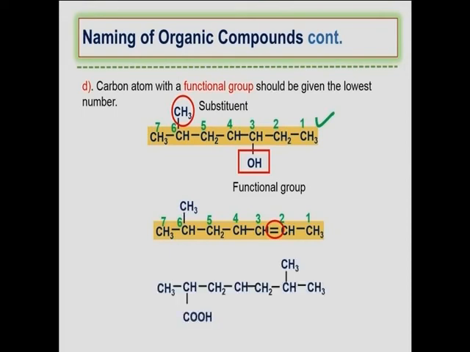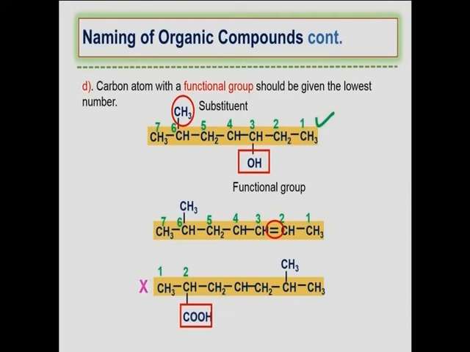Let's look at one more example. So this is the parent chain, the longest continuous chain. Let's say you have selected this. If you number, you have the functional group there, the carboxylic acid group. If you number from the left, your carboxylic group is at carbon number 2.